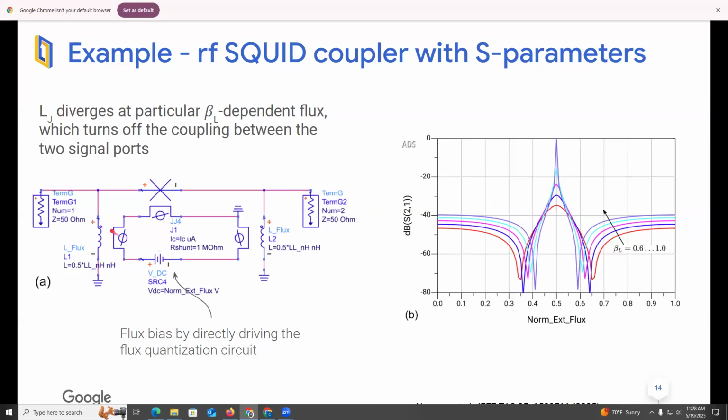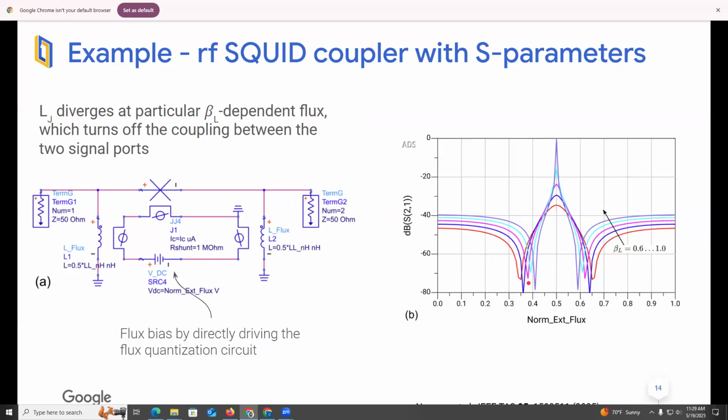And we're going to do an S parameter simulation, basically looking at the transmission from port 1 to port 2, and plot that versus flux in the loop for different values of beta. So you can see that there's a point in flux where the transmission goes to 0. That's the point where the coupler is off.